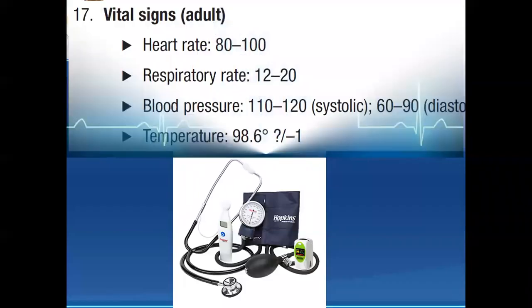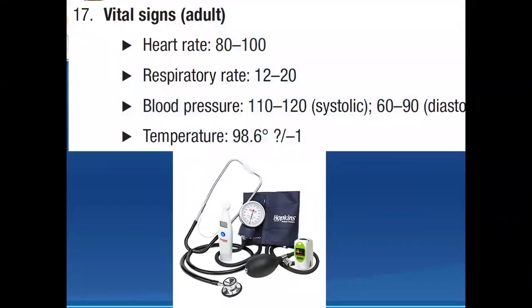So vital signs, as we mentioned before, are four: respiratory rate, heart rate, blood pressure, and temperature. In this PowerPoint, we are going to focus on the blood pressure and then we are going to trace out the temperature.